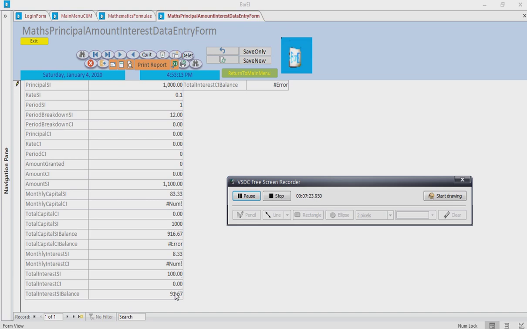Total interest balance, if you pay the monthly interest of 8.33 that particular month, the balance is 91.67.